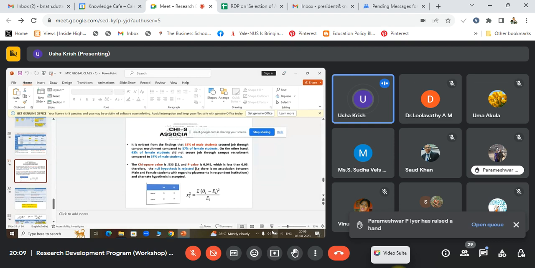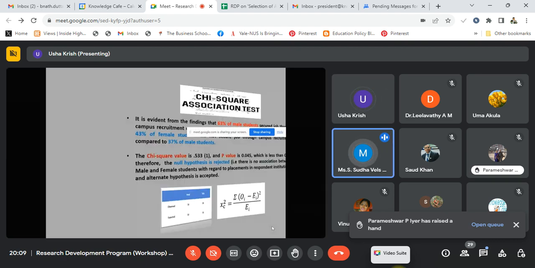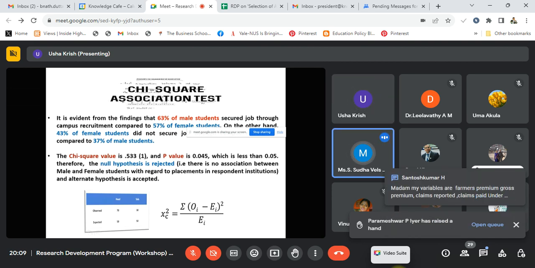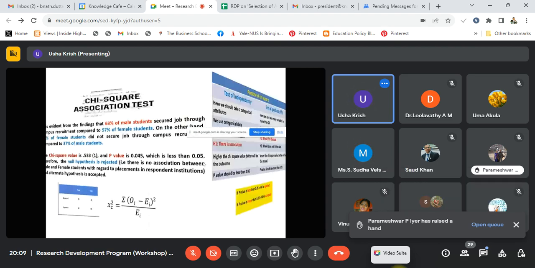The chi-square shows the p-value is 0.045, which has three decimal values, whereas here we find only two decimal values, 0.05, which is 5%. So, 0.050. Okay. Shall I move? Yeah. Thank you.